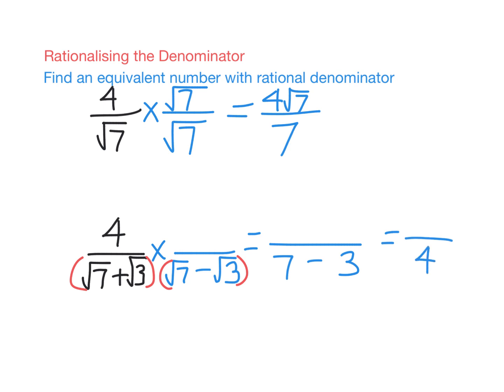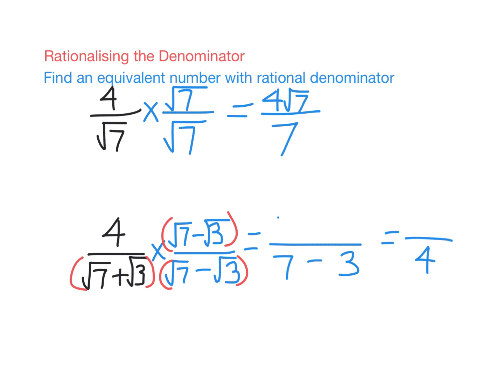But once again, if I multiply the bottom by a number, root 7 minus root 3, so too I must multiply the top by that number, otherwise I'd be changing its value. So when you're doing these multiplications, you might want to put brackets around to help you. I need to times 4 by root 7 and root 3.